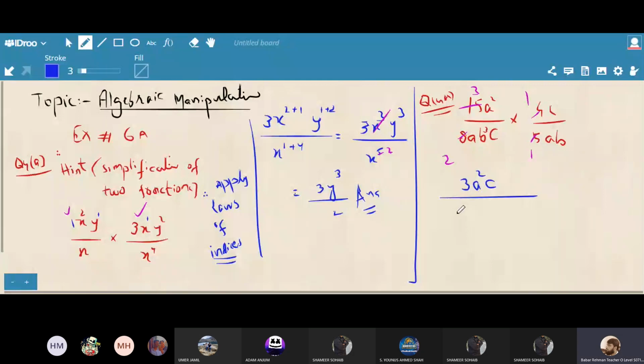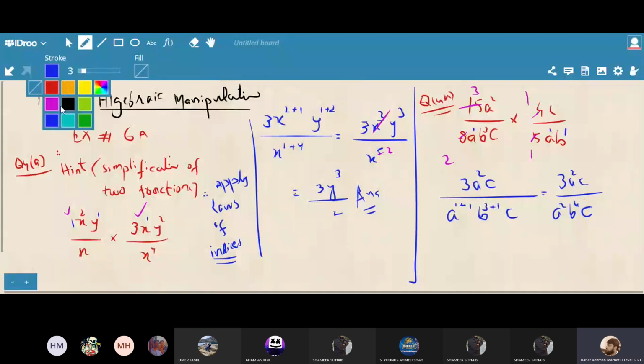A and A multiply: 1 plus 1, because 1 power is here, 1 power is here. B: 1 power is here, 3 plus 1, and then C. Later on, I will simplify. Okay, A power 2, B power 4, and C.